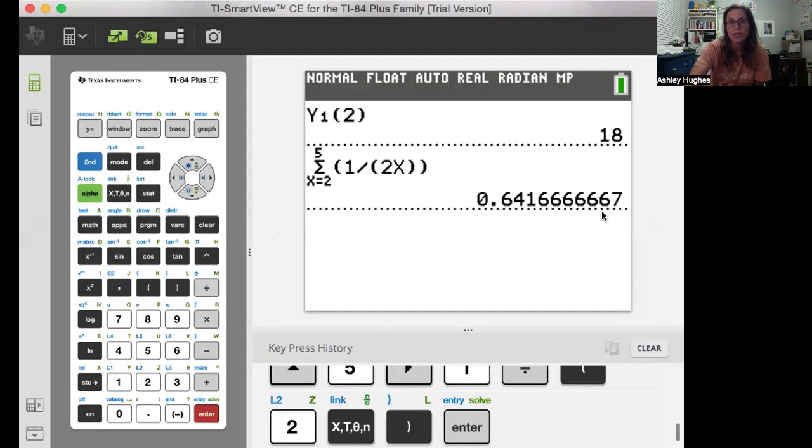Well, I was going to show you how I typed this in, but you see I summed it up and I got this value, which should be 77 over 120. We can double check. It's thinking.